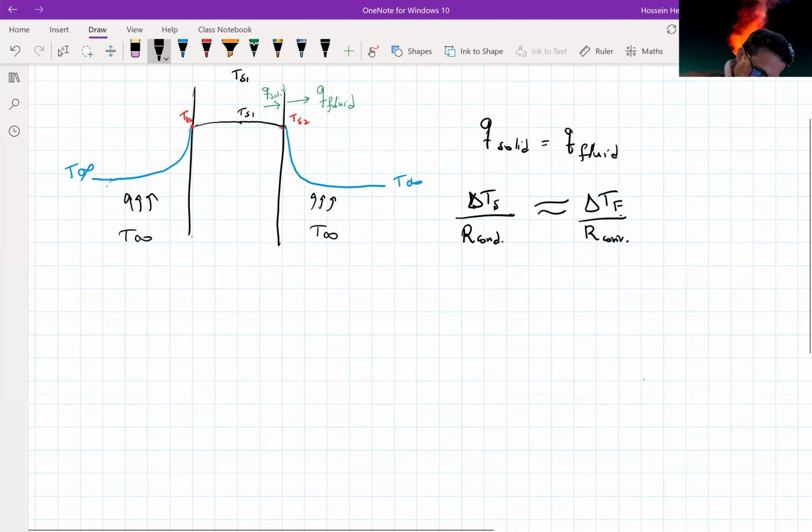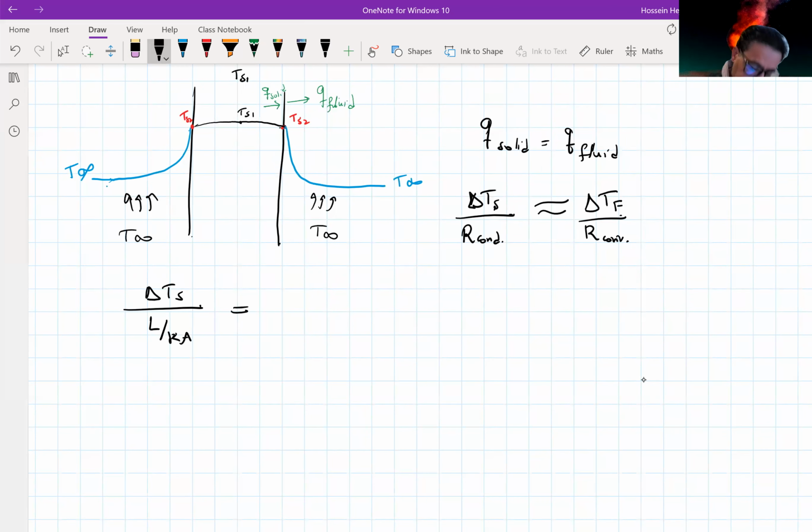If I replace here, this is delta Ts. The resistance for the solid is going to be L over KA, with K for this one solid here. I'm going to replace delta Ts with Ts1 minus Ts2, and delta Tf is Ts2 minus T infinity, divided by 1 over HA.